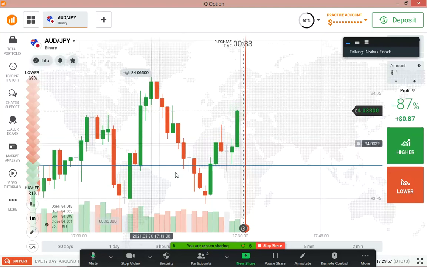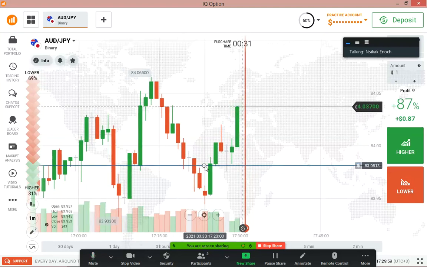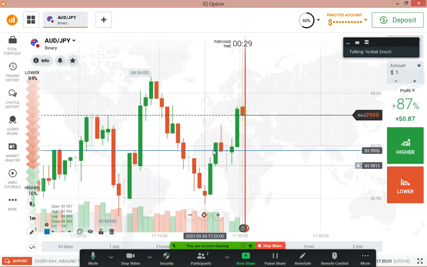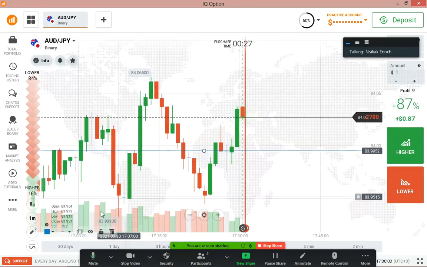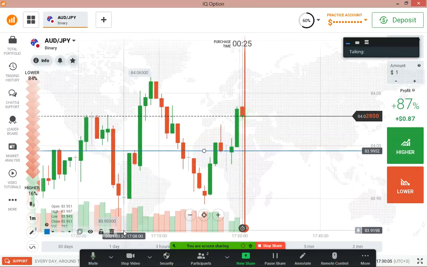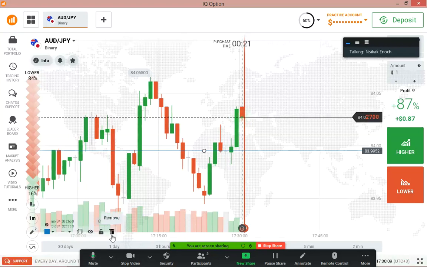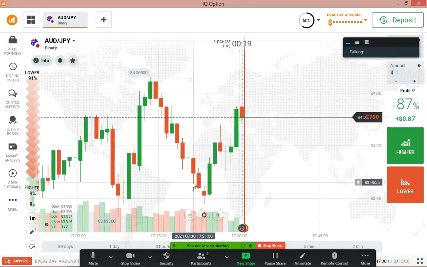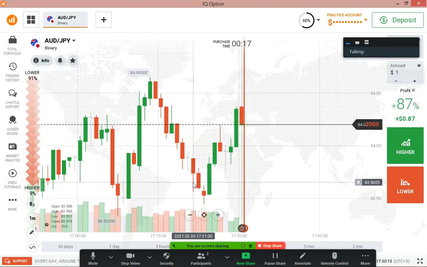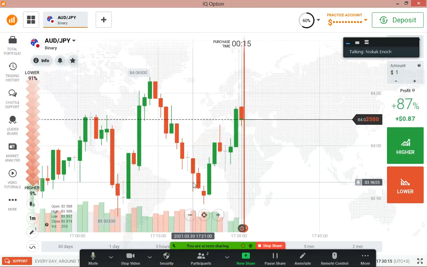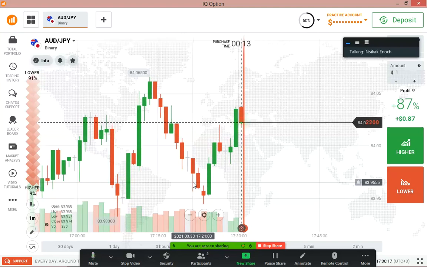As a lazy trader, they will not draw levels. They will not just leave the chart like this without drawing levels. They will not even analyze.